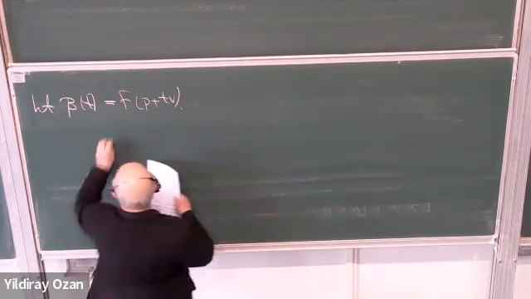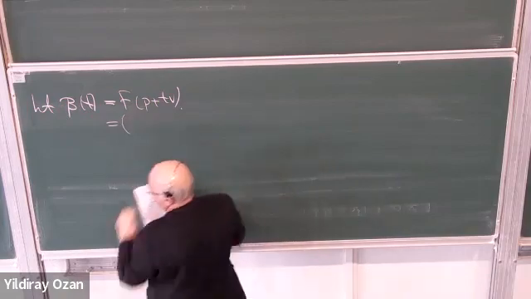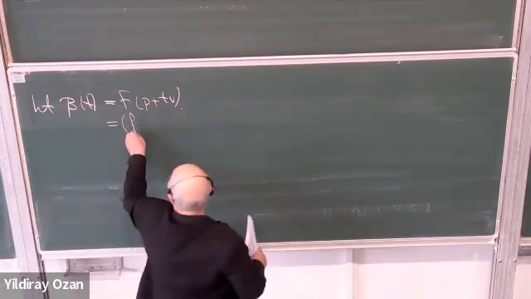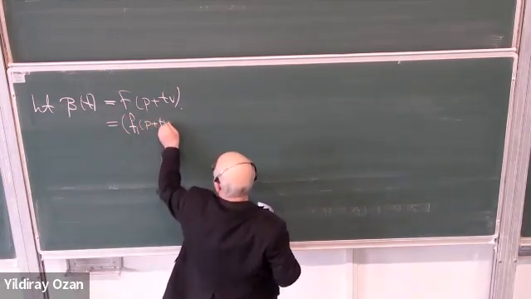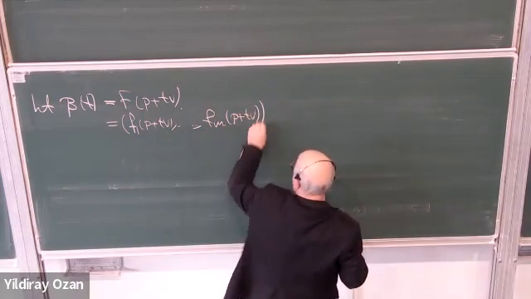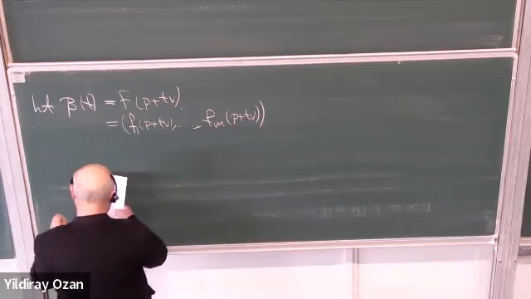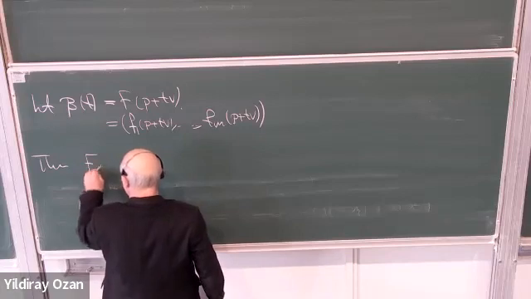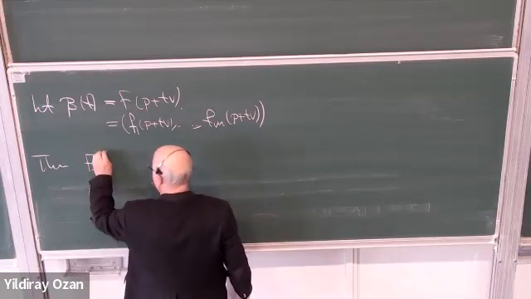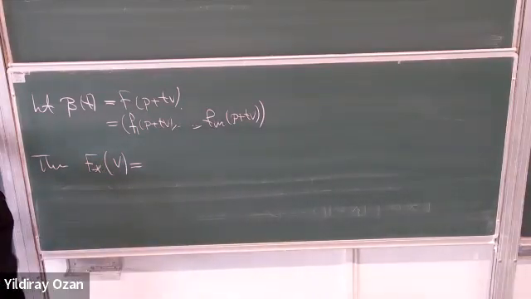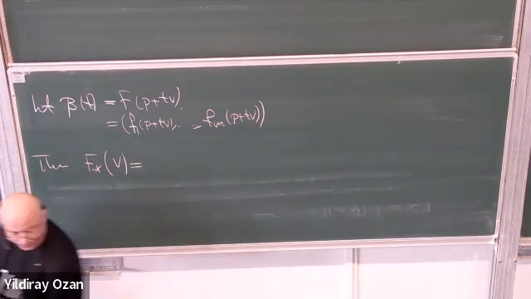Then what is f? f has coordinates f1, f2, up to fm. So this is (f1 of p plus tv, up to fm of p plus tv). So the tangent vector is mapped under the derivative of f. So this is, by definition, the derivative of f of p plus tv.